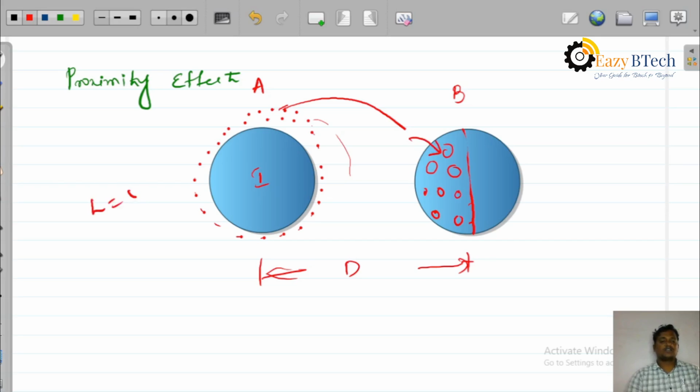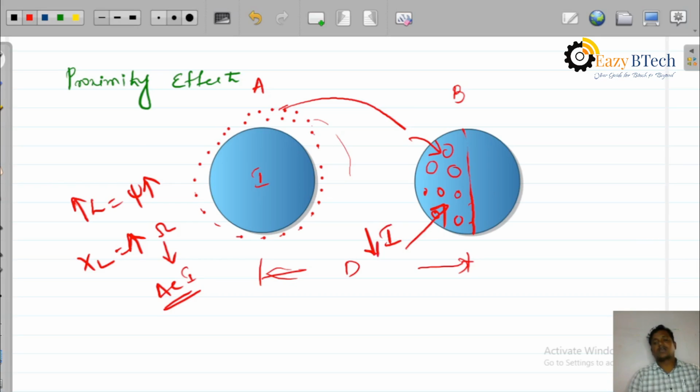If flux linkage is more, then automatically the inductance of those strands is more, then the XL value is more. XL is nothing but a resistance for AC current. Therefore, in this area, the current flowing through these conductors is less compared to the current flowing through this area. Why?